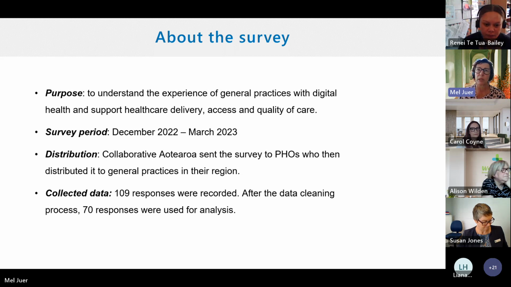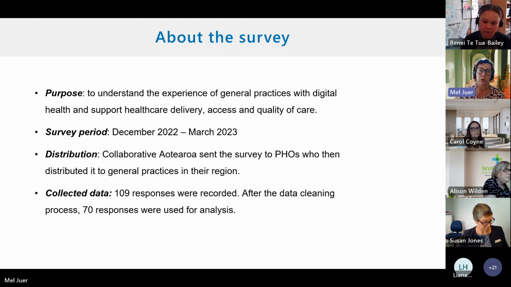So we did quite a lot of research around uptake of particularly things like patient portals and telephone triage prior to COVID. And the healthcare homes that had implemented prior to COVID were doing well. And we were interested to know what that looked like after COVID.